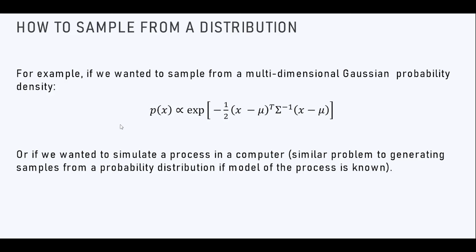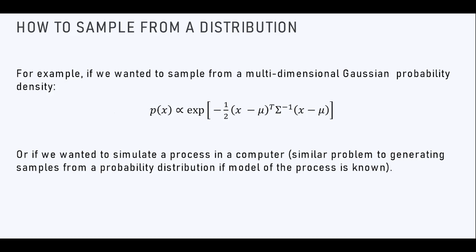So let's say you have a multi-dimensional Gaussian probability density, and you know this formula is analytically known. So you know that the probability is proportional to this, where x could be a vector. So it's like a multi-dimensional probability density.